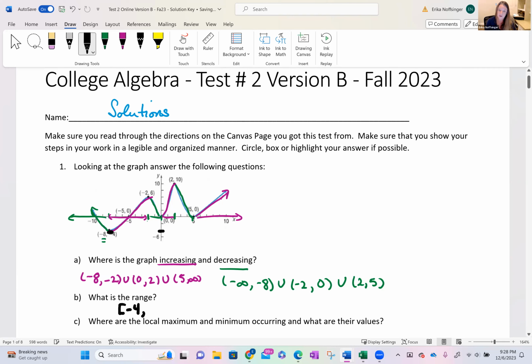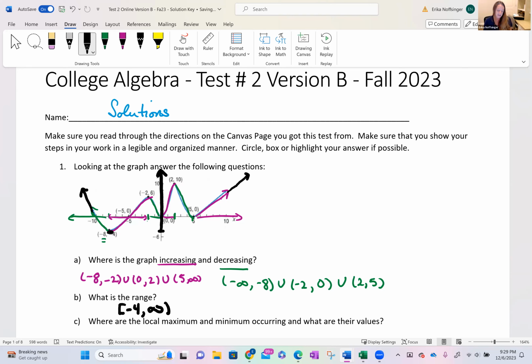I'm including it, so I'm putting a bracket there. And then my y values, I'm hitting all the values from -4 to positive infinity. And that's because these graphs here, as x is going to infinity, is shooting off to positive infinity y value. And as x is going to negative infinity, my y value is shooting off to positive infinity.